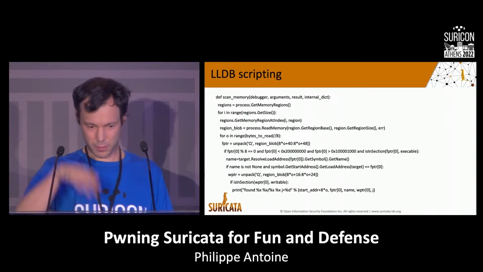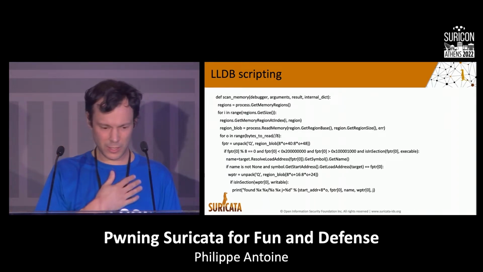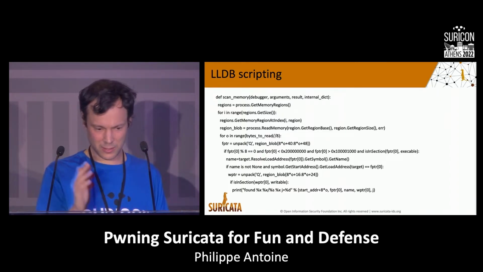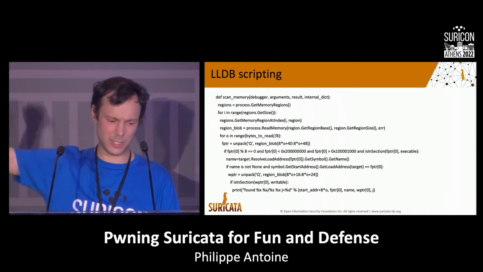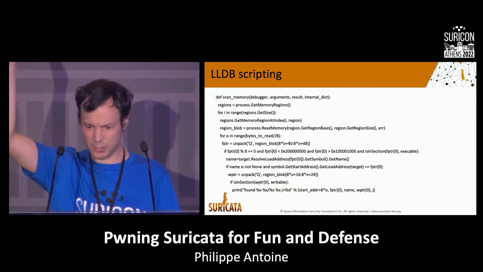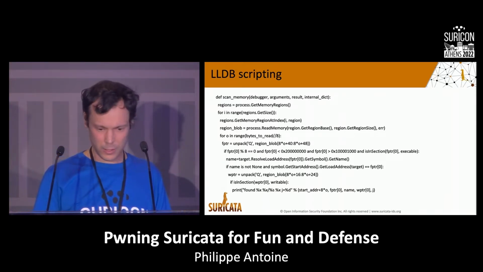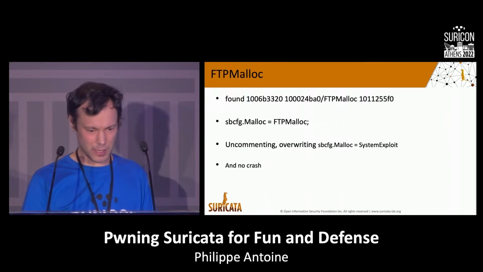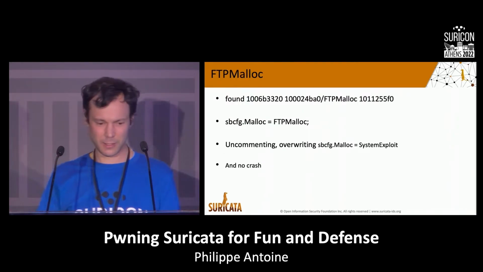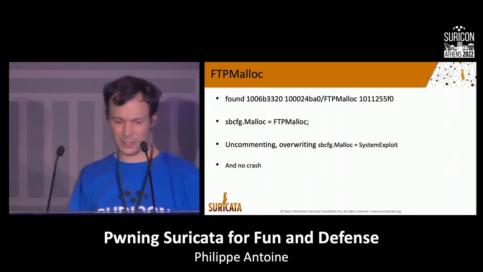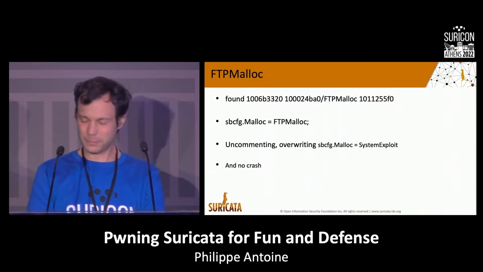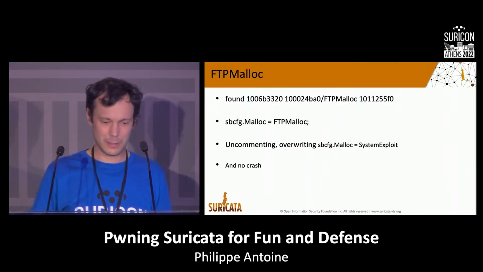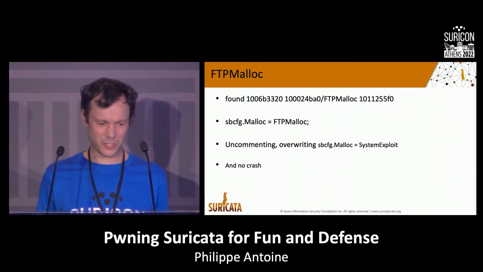I just scanned the whole process memory and said, hey, is this at offset plus 16 writable, and is this at offset plus 40 some function pointer? And is there something like it? And yeah, there was one thing which was FTP malloc. Okay, so I managed to get it.